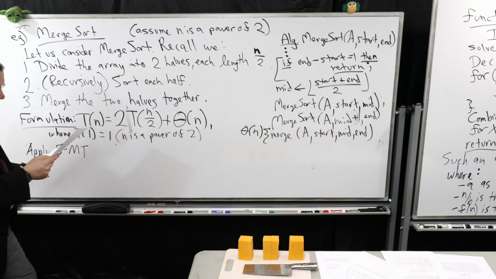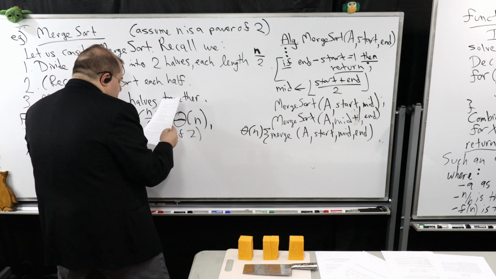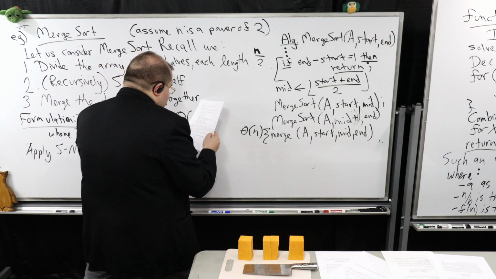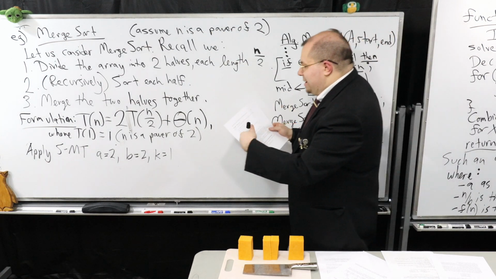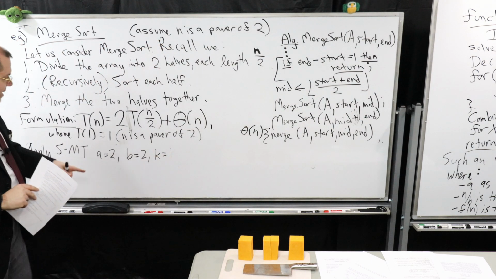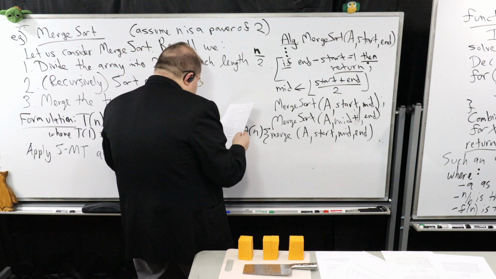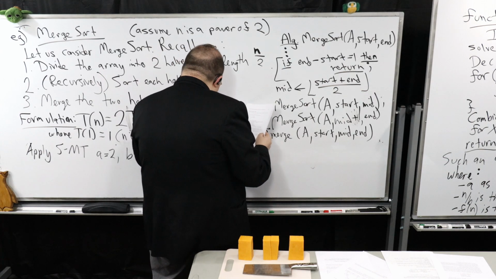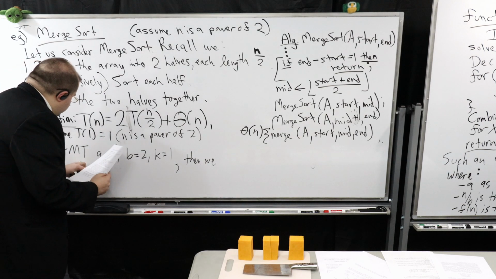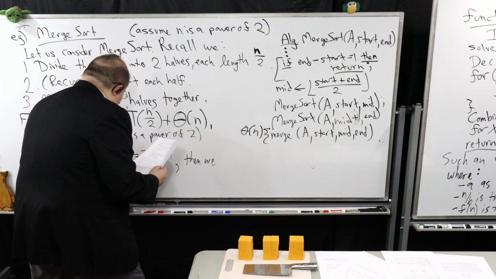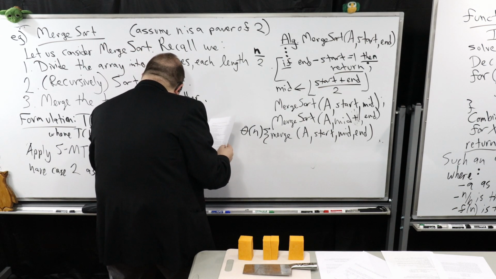By applying the simple master theorem, if you apply out these constants, you wind up with a equal to 2, b equal to 2, k equal to 1. Notice that c is suppressed within the big theta. So b to the k is just 2, right? That means a is equal to b to the k. So then we have case 2, as a is equal to b to the power k, as in 2 is equal to 2 to the power 1.